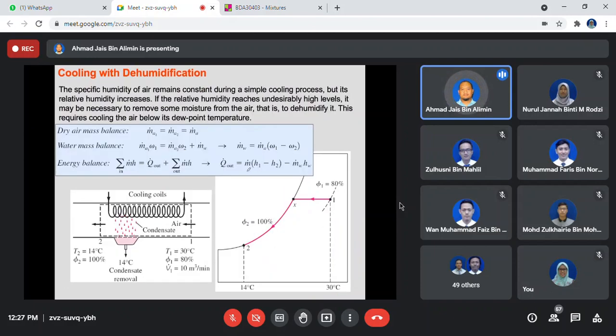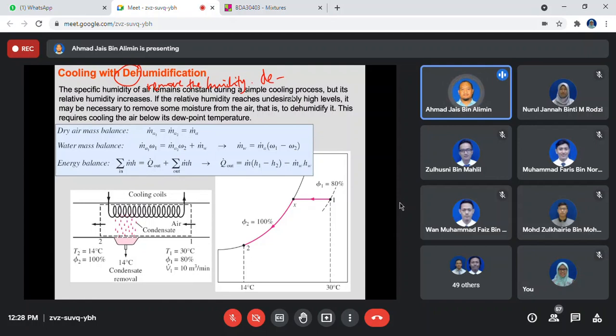Okay, cooling with dehumidification. Dehumidification means that we want to remove the humidity. So you have the word dehumid, we try to remove it. The humidity of the air remains constant during a simple cooling process, but relative humidity increases.